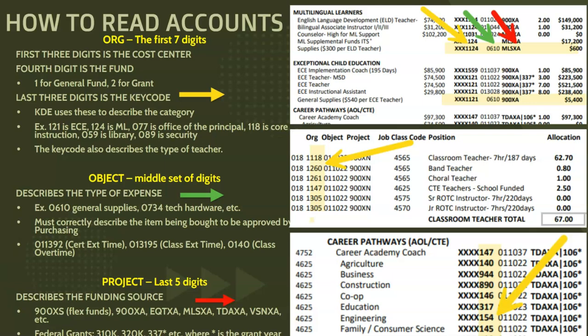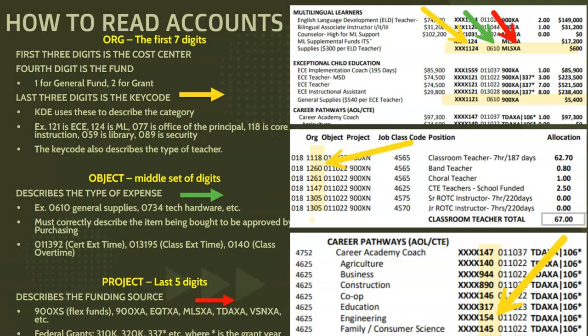And then finally, the last 3 digits of the org is the key code, and that's what these yellow arrows are pointing to. The key code describes the category of that account, and that's defined by KDE. For example, at the top here, you'll see a yellow arrow pointing to a 124, referring to multilingual learners. 121 refers to ECE.